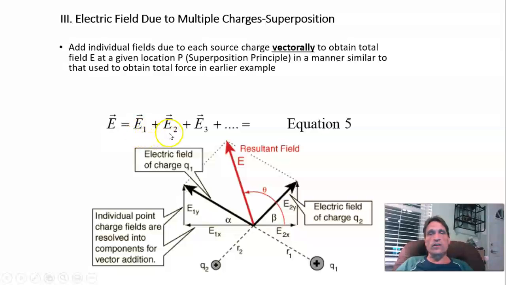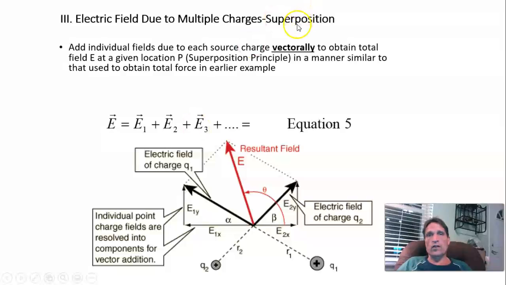Then we would calculate the electric field at the same point due to source charge 2 only, and draw that vector. Then we'd calculate the electric field at the same point due to source charge 3, and draw that vector. And we just add up all the vectors.